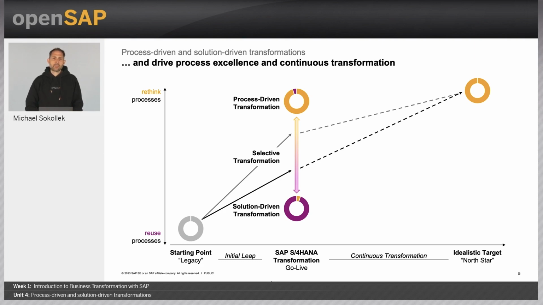During the initial leap, customers might also not implement all process changes. Still, I recommend that customers consider their North Star, and that once the transition to SAP S/4HANA has been completed, they keep rethinking their business processes. Customers can continue also to realize incremental value, considering new innovations and new SAP S/4HANA releases.